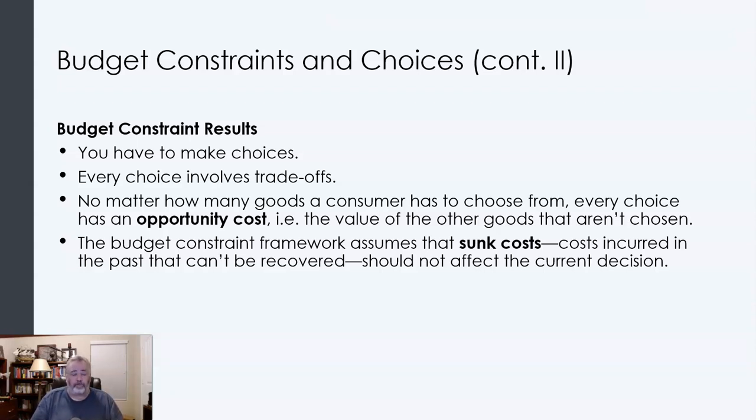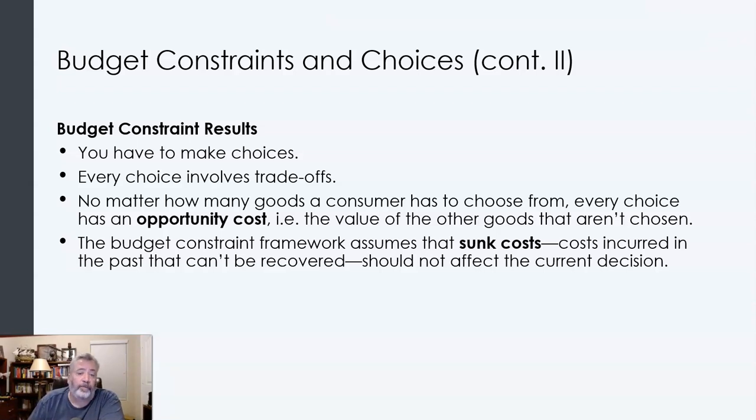The cost of that trade-off, we call that the opportunity cost. It doesn't matter how many goods you have to choose from. Every choice you make has an opportunity cost. In other words, if I spend $1 on this pair of shoes, that's $1 I don't have on this shirt over here. All right? So it doesn't matter, or pants, or whatever else there might be. All right? So, opportunity cost.